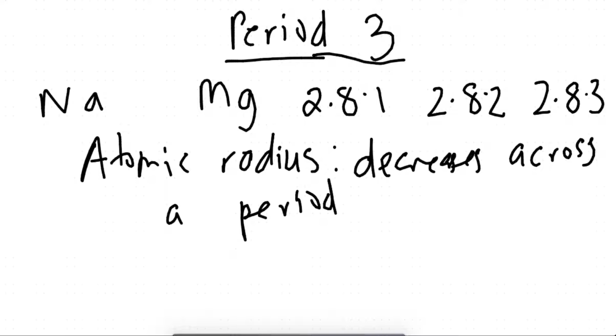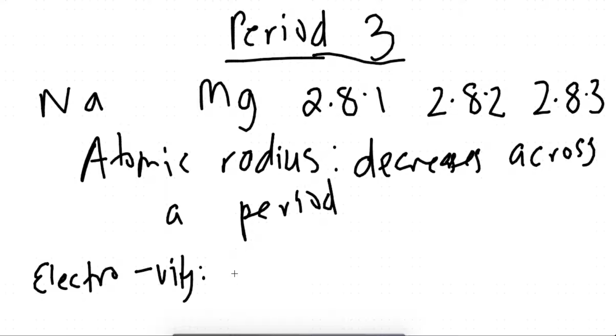Now, electronegativity when we go across a period. What did we say electronegativity was? Electronegativity is the ability of an element to gain an extra electron.